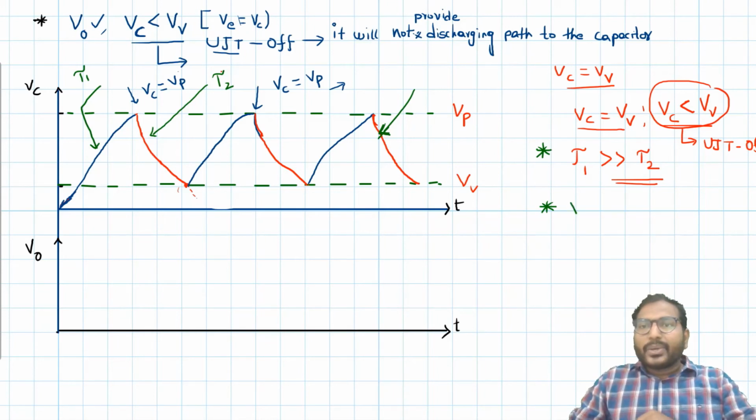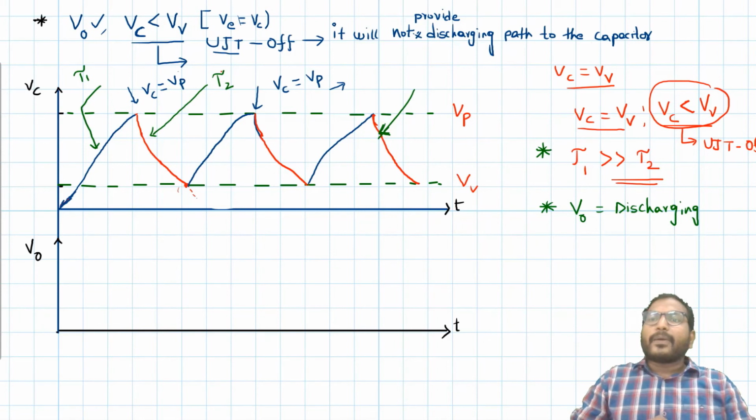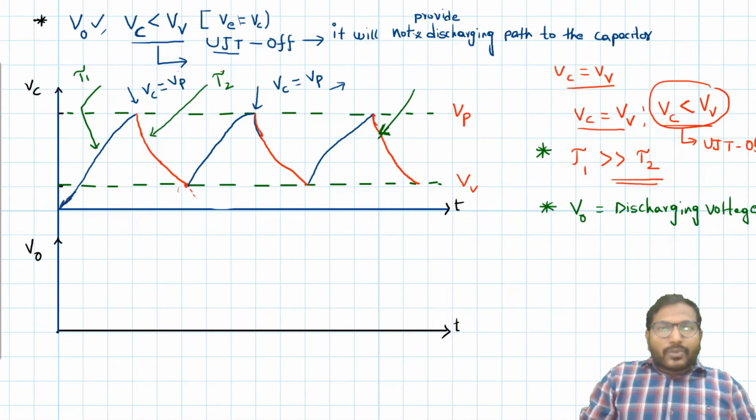That means V0 is equal to the discharging voltage, available during the discharging period. So where can we find the discharging period? This is the discharging duration in the VC curve, the capacitor voltage curve.